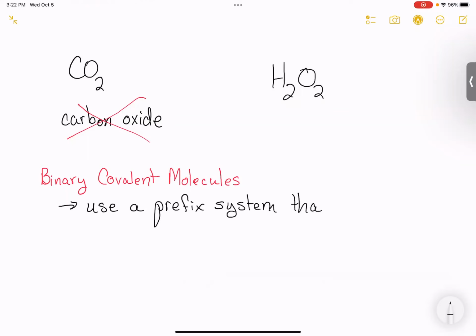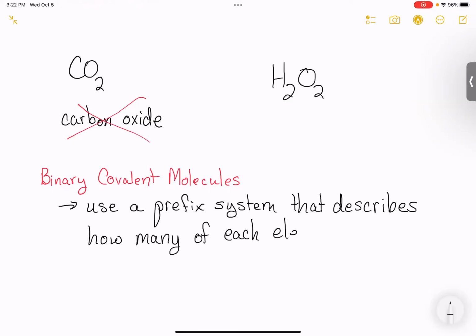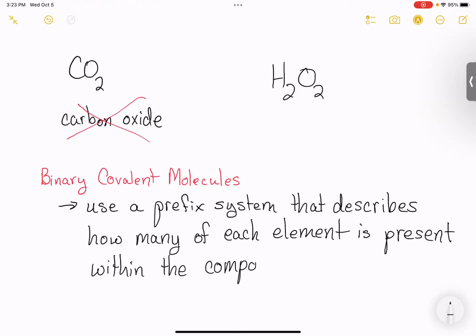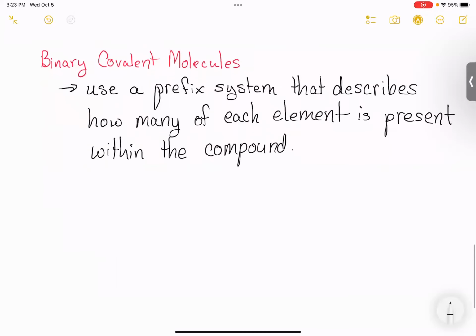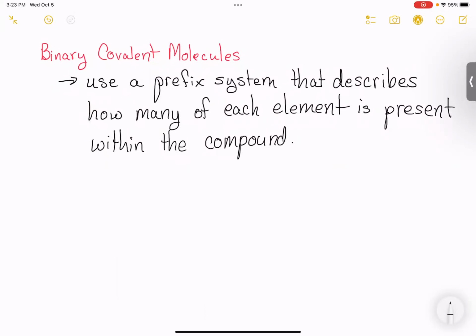That describes how many of each element is present within the compound. If there is one, the prefix is mono.